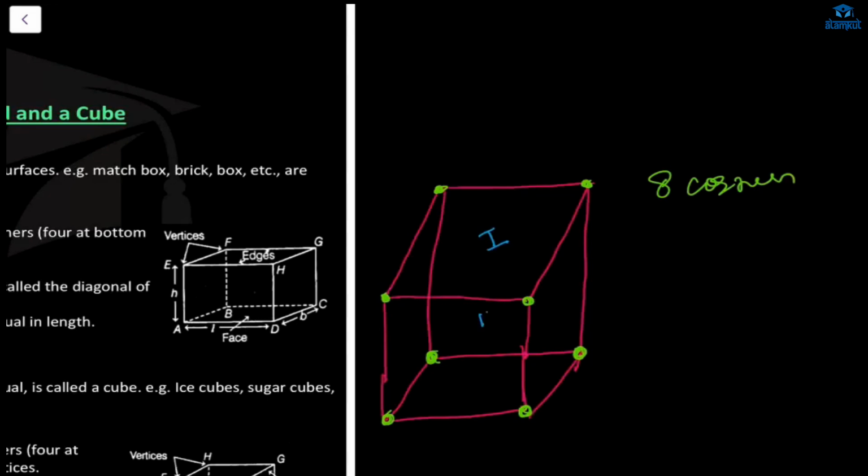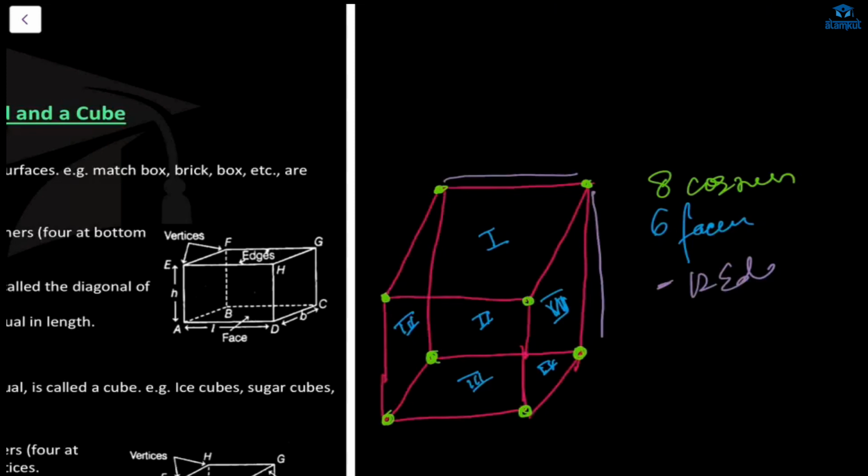These are the faces: 1, 2, 3, 4, 5, 6, so 6 faces. And then edges, which can be marked with this. These are your edges, 12 edges.